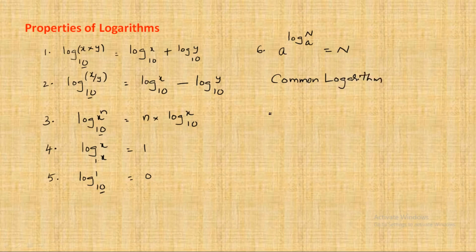Sometimes if we write logarithm of 5, in this case if we don't have any base, then we have to assume that it is 10 because that is a common logarithm. Only in case of common logarithms the base may be omitted, otherwise it will be given clearly. So the logarithm of a number to the base 10 is called common logarithm.